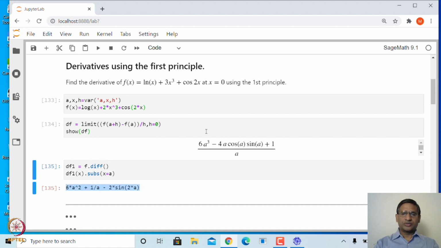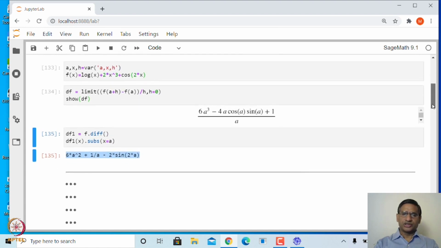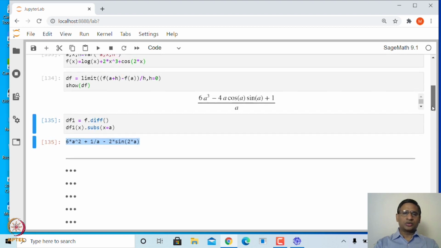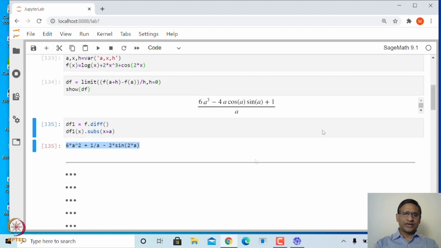Okay. Generally, we do not find the derivative using this limit of the difference quotient. We learn certain rules of derivatives, and then we apply those to the sum of the derivatives of standard functions. I am not going to get into verifying all these rules, as that is quite easy, you can verify.